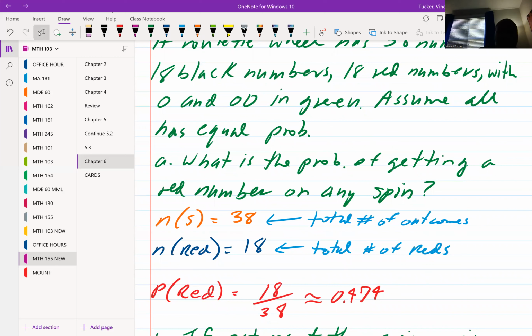So that's 18 divided by 38, which is 0.474. Any problems with that?